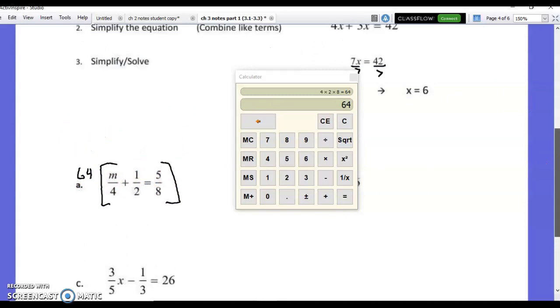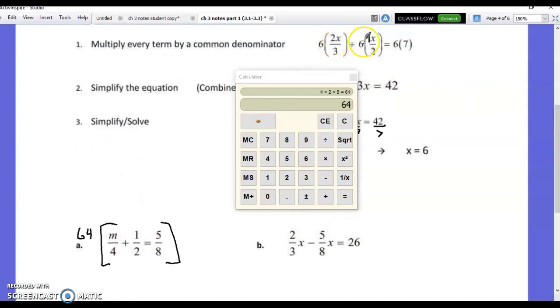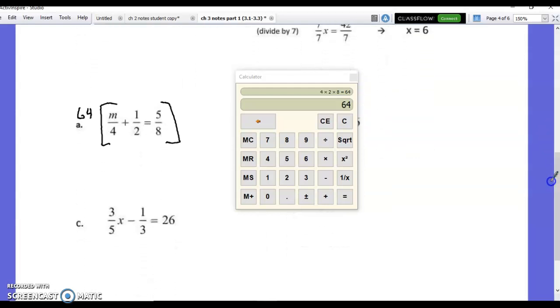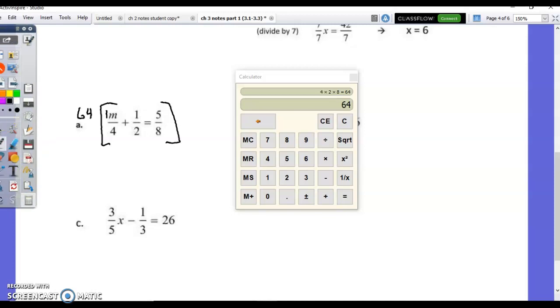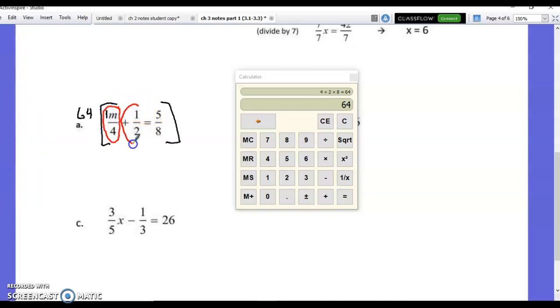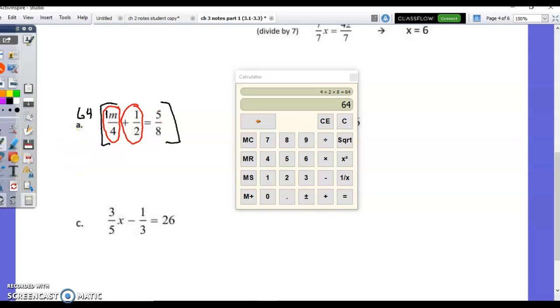Now instead of writing it out like this, where I put the 64 by each one, I'm just going to make sure that I remember that I do it for every term inside of these. So I have to multiply by that, multiply by that, and multiply by that. I know if you're really good at this, you're like, oh, I can just multiply by 8. You can, and you'll still get the same answer.